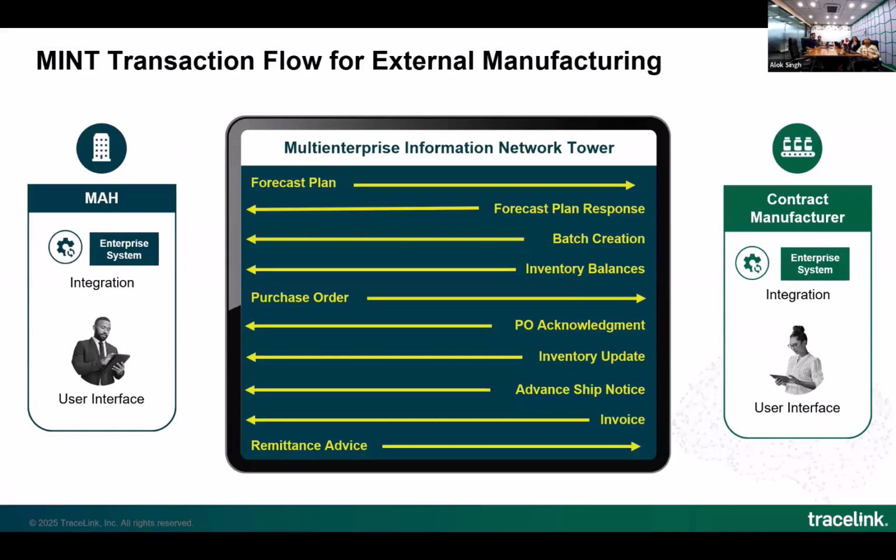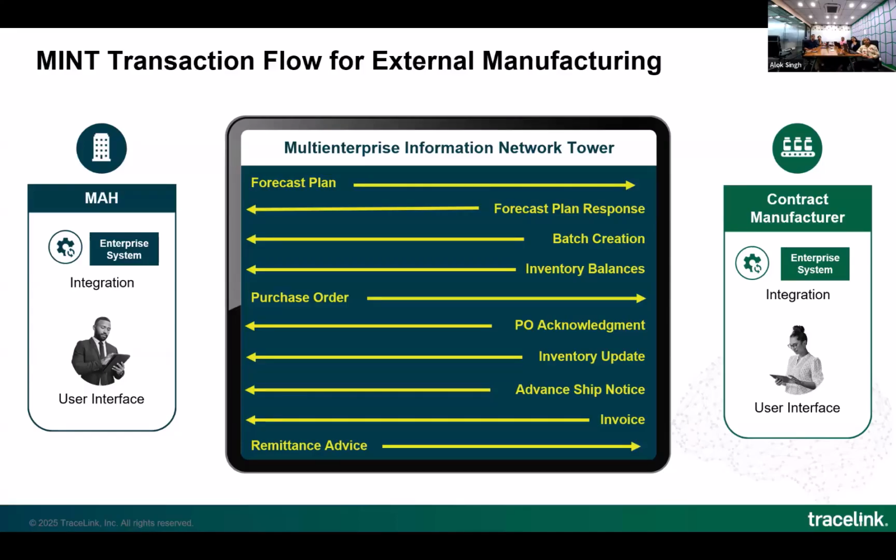The MAH of the product will typically give the manufacturing part to the contract manufacturing organization, which will manufacture products for them. And then there is a flow of information. So product flow, information flow, and finances flow happen with different types of transactions that you see here.